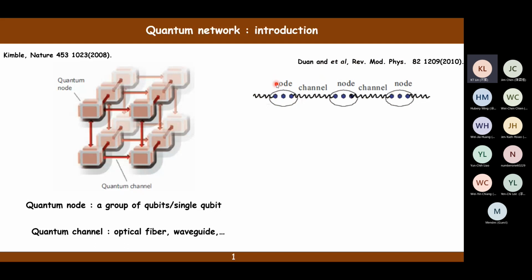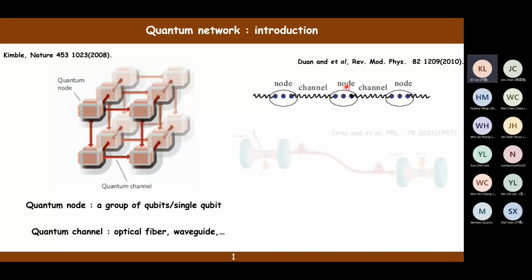Once this process has been done, the next step is to transfer this kind of information from node to node through this quantum channel. So you can transfer the information from left-hand side to the right-hand side, and realize long-range quantum communication by using this quantum network architecture.